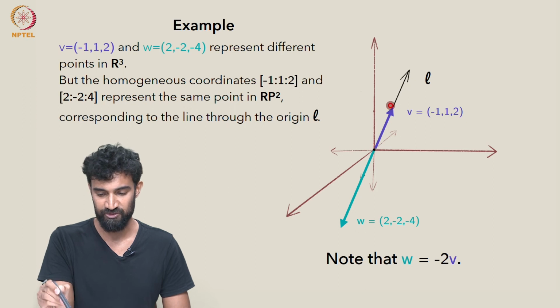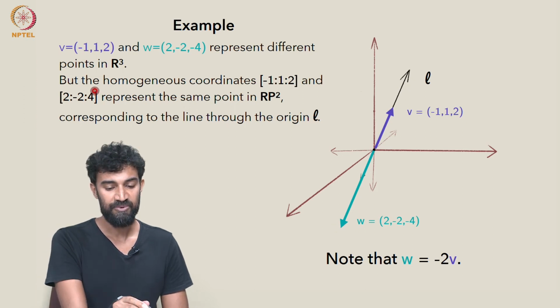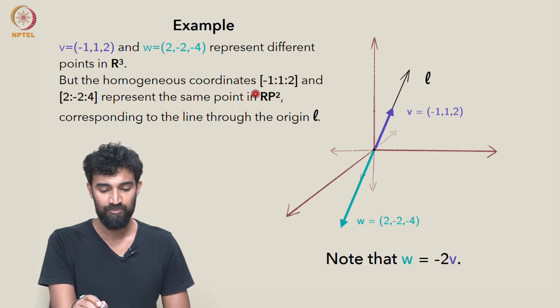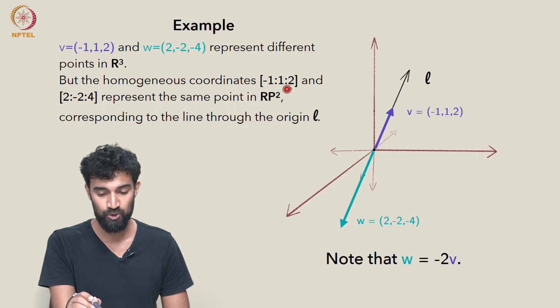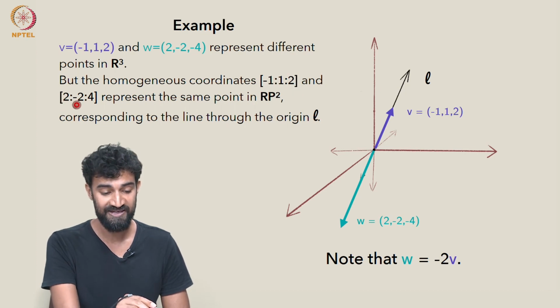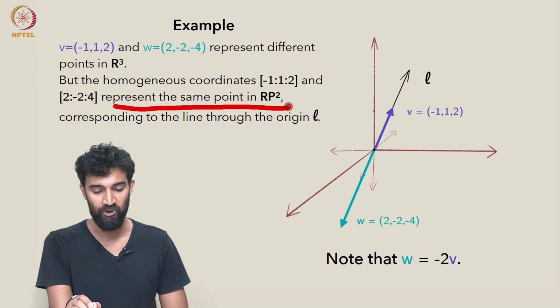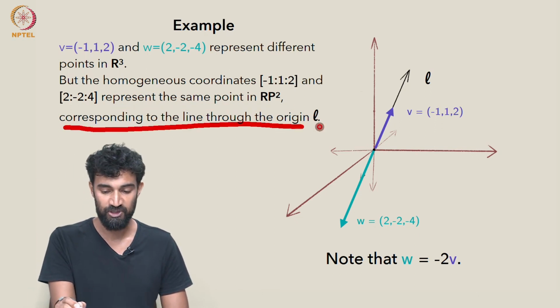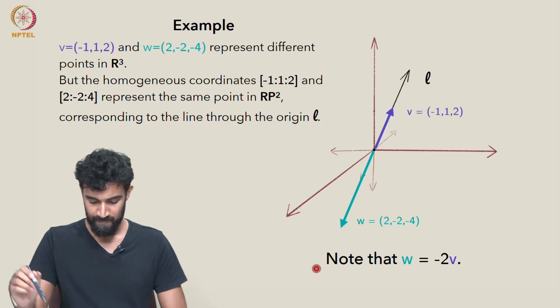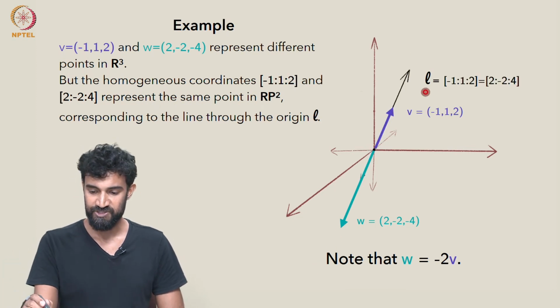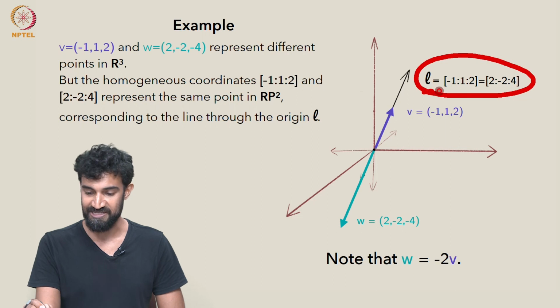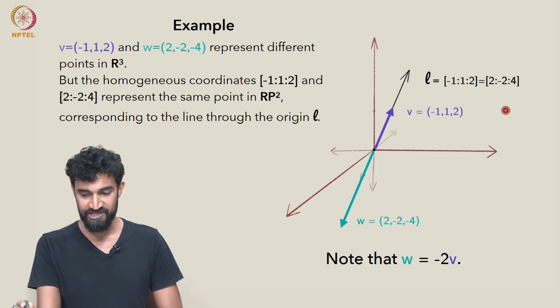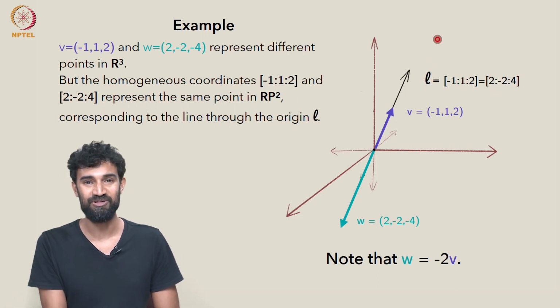This is one point in R3, this is another point in R3. But the homogeneous coordinates [-1 : 1 : 2] and [2 : -2 : 4] represent the same point in RP2. They both represent the line through the origin, L. So L can be written as either one of these in homogeneous coordinates, or you can take any other scalar multiple and write L using that.